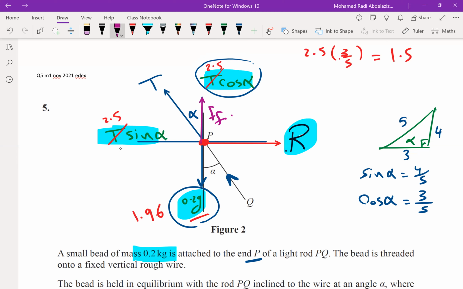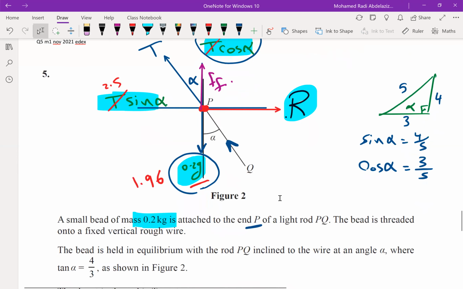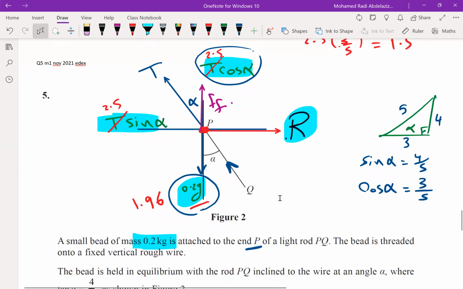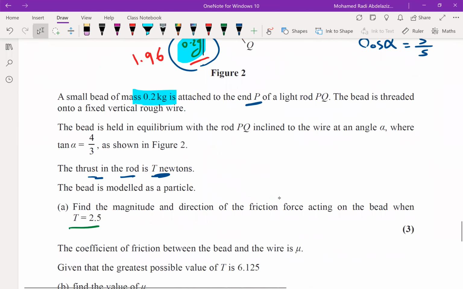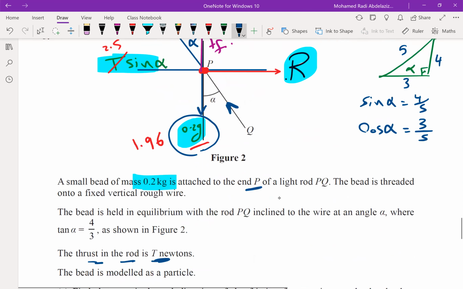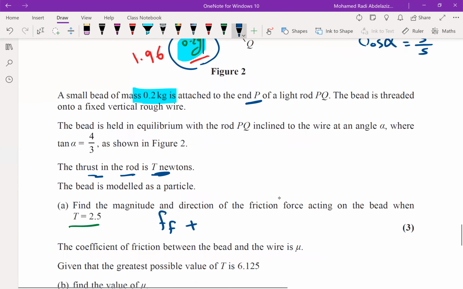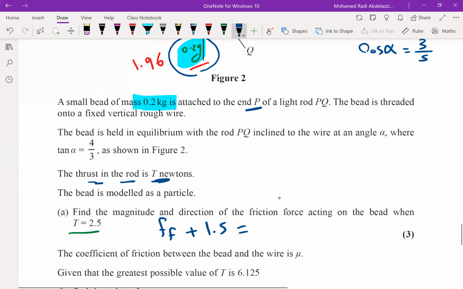The system is now in equilibrium. So the forces acting up are equal to the forces acting down, which is F of y is equal to 0. So you can find the frictional force, which is the difference in between. If you write frictional force plus the force acting up, which is 1.5, is equal to the forces acting down, which is 0.2 times g.